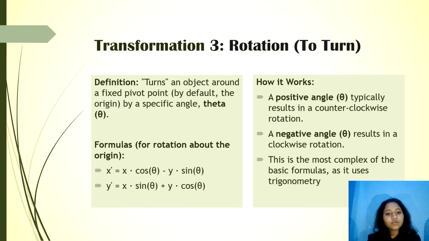The formula for rotation about the origin is x dash is equal to x dot cos theta minus y dot sin theta, and y dash is equal to x dot sin theta plus y dot cos theta. And how does it work? A positive angle typically results in counterclockwise rotation and a negative angle results in clockwise rotation. This is the most complex of the basic formulas as it uses trigonometry.